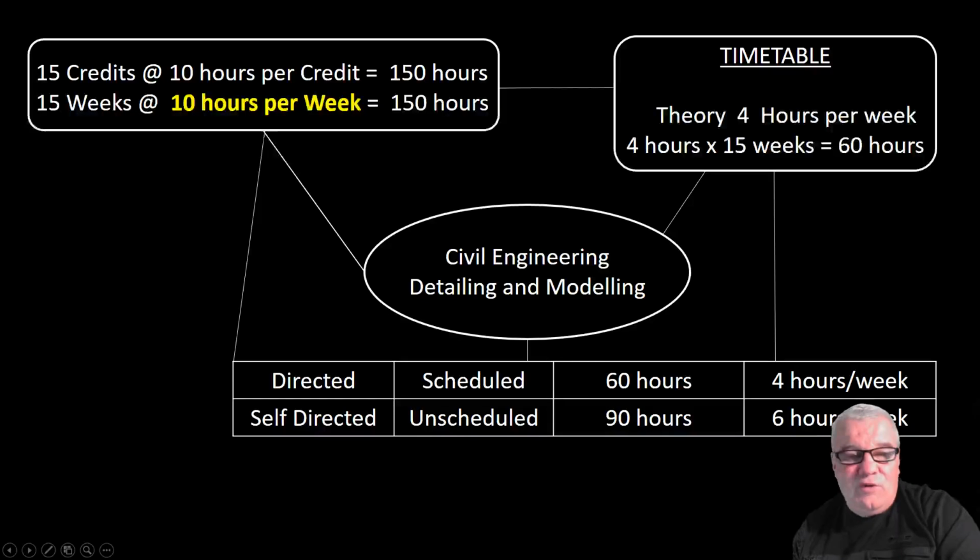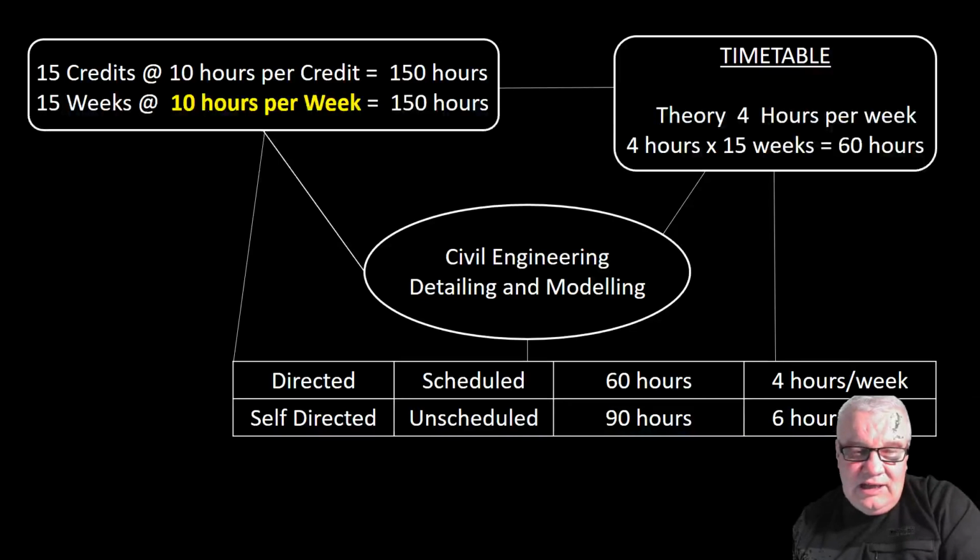Now, just an overall view of the course. It's a 15 credit course at level 6. So that means you should be quite independent with your learning, in the sense that you won't have too much given to you.